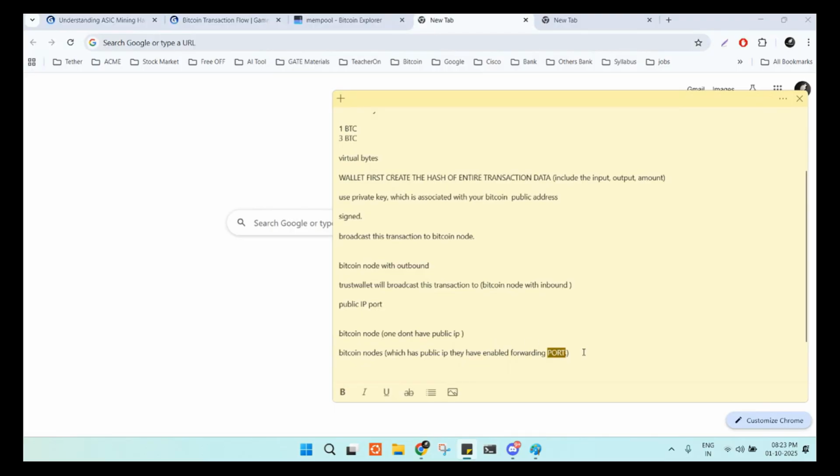So once Trust Wallet initiates the transaction, it will start broadcasting to the Bitcoin nodes which have this public IP and forwarding port. Those are the ones who will initially get the transaction details first.